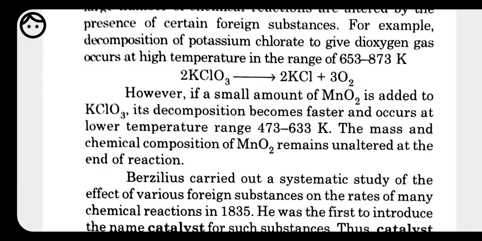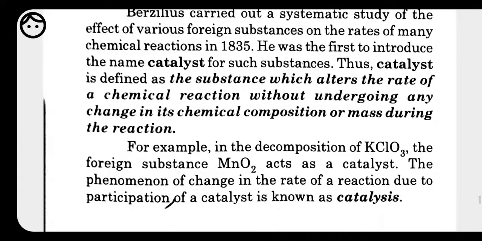How can we define a catalyst? A catalyst is the foreign substance which is able to increase the rate of reaction without being involved in it. Here we have the definition: a substance which alters the rate of a chemical reaction without undergoing any change in its chemical composition or mass during the reaction.